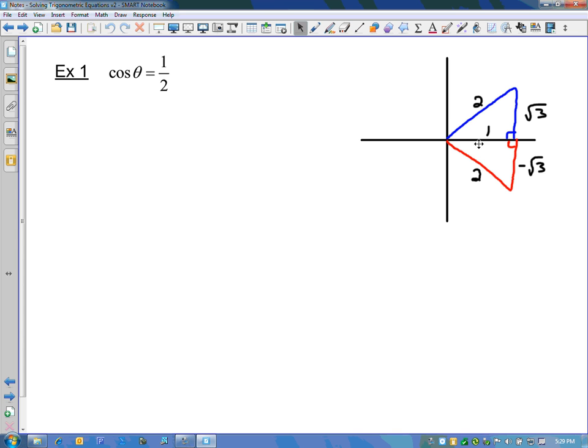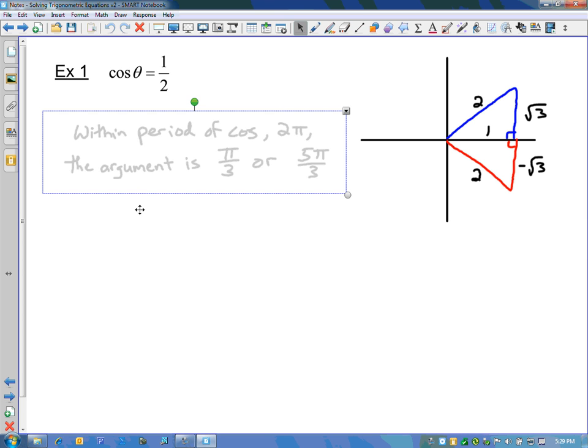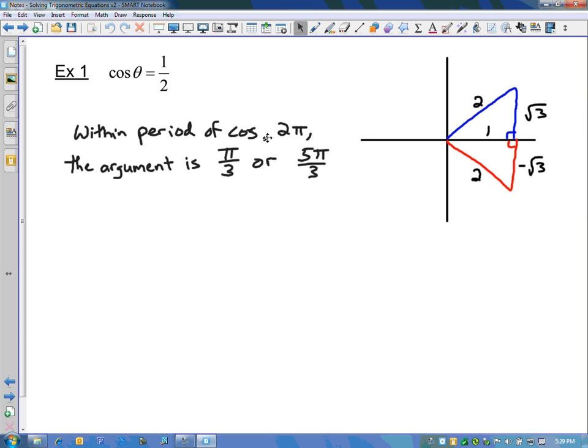And then for the other one, we want to look at the angle from, again, initial side to terminal side. And we can see that within the period of 2 pi, the argument is going to be either pi over 3 or 5 pi over 3.